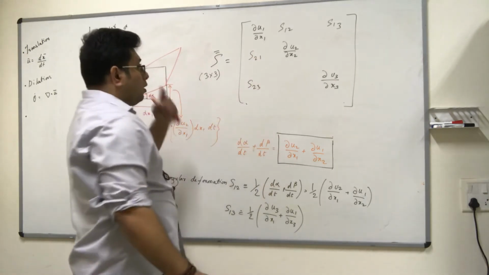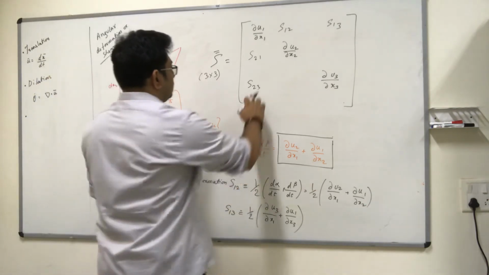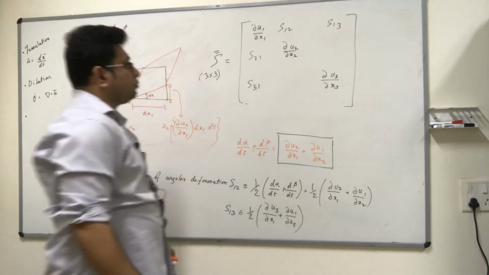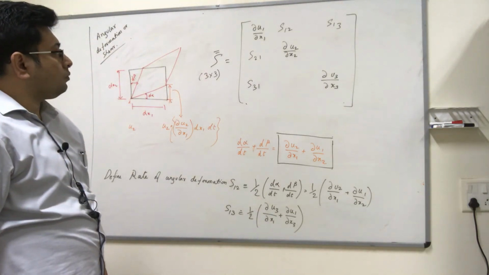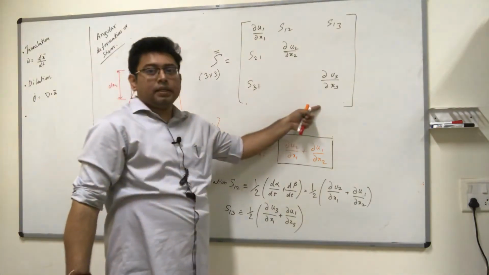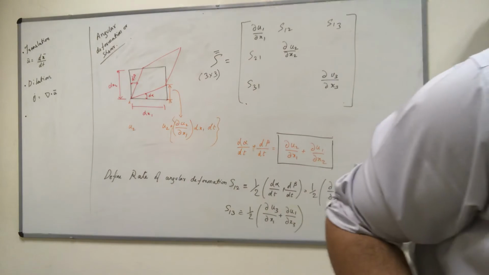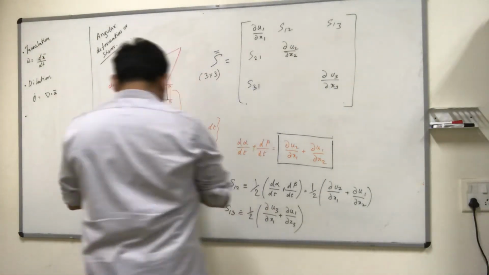I can define a matrix like this, and this matrix is called the shearing rate tensor.